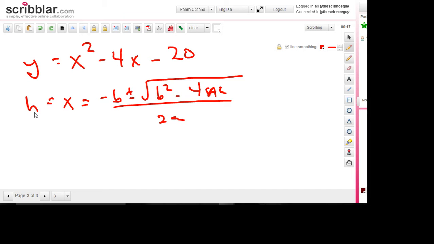Okay. Cool. 4 plus or minus the square root of -4 squared, which is 16, minus 4 times 1 times c, which is -20.